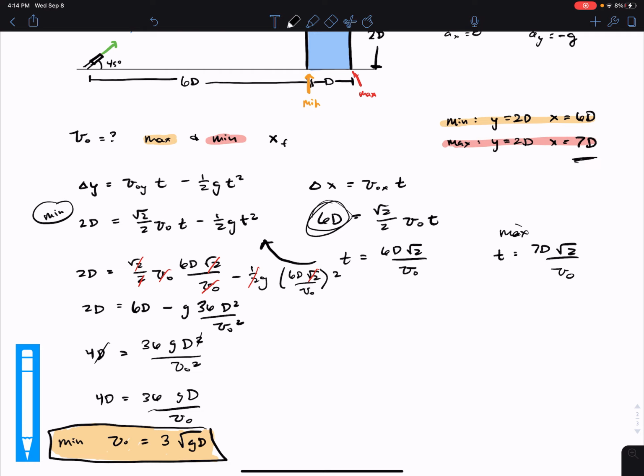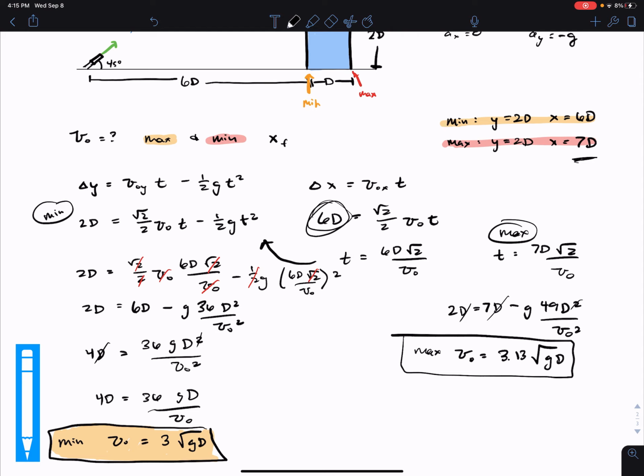And when we do that, we end up with 2d equals 7d minus g times 7 squared d squared, so 49d squared divided by v naught squared, so we cancel the d's again. And when all is said and done, you solve for v naught and you get something like 3.13 square root of gd for the max.